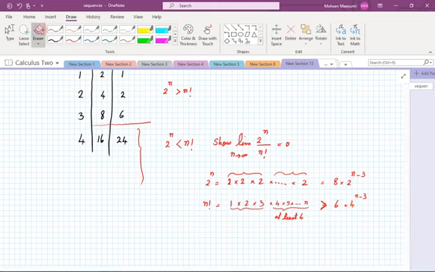Okay, let me write this thing clearly. Now if I take a ratio of these two, 2 to the power of n over n factorial, you see that my denominator is going to be bigger than this. Therefore my fraction is smaller than this fraction.